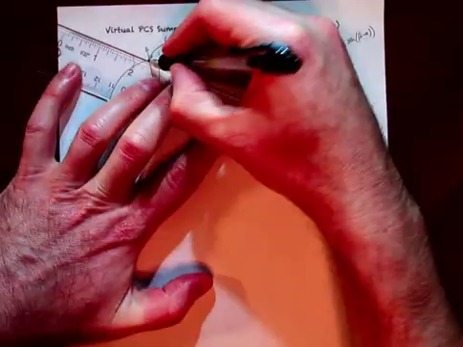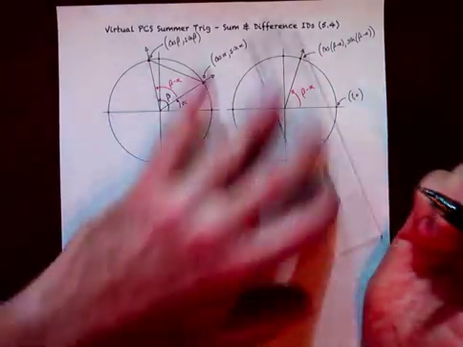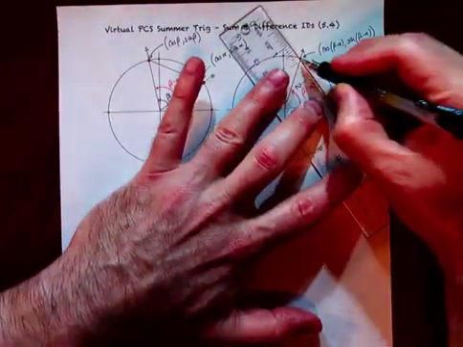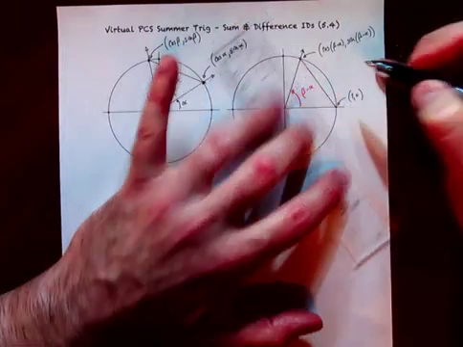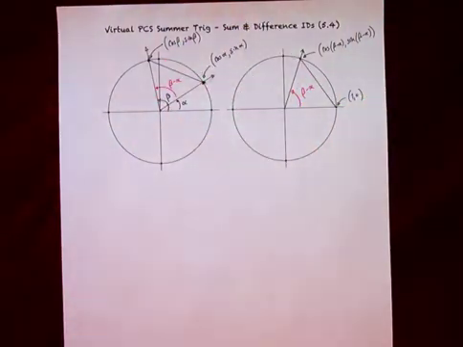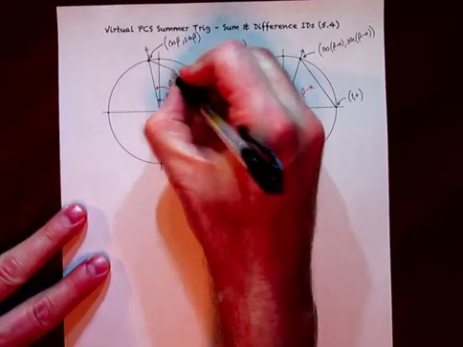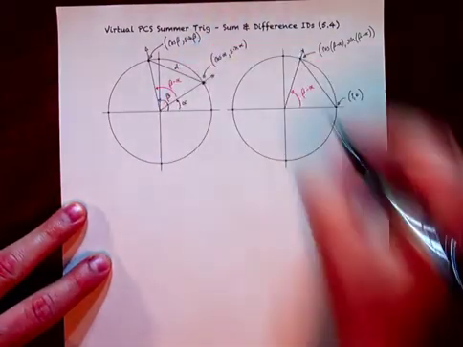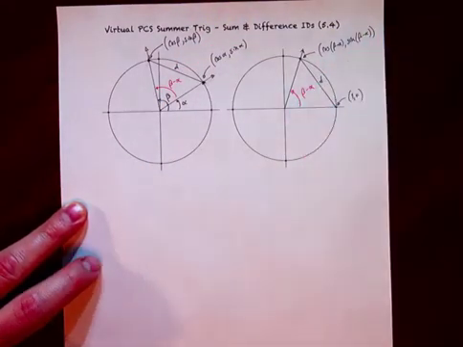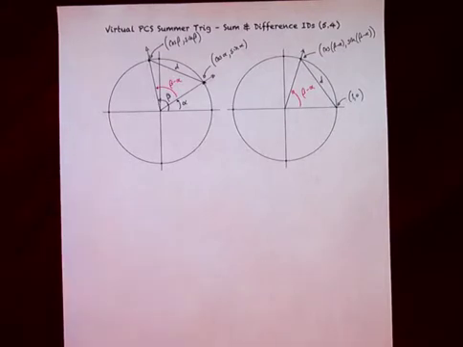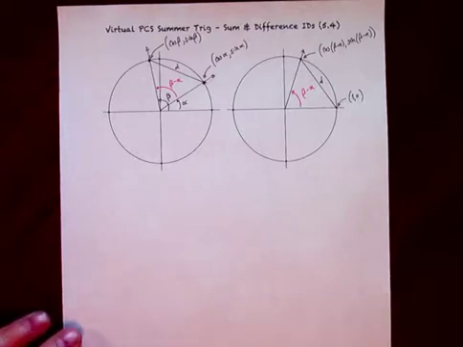If I have equal angles, then the chord that extends between the points of the initial and terminal rays of that angle should be the same distance. Let's call it D, and this is the same distance since they're both unit circles and it's the same angle. Well, we can use the distance formula to find the distance of that.